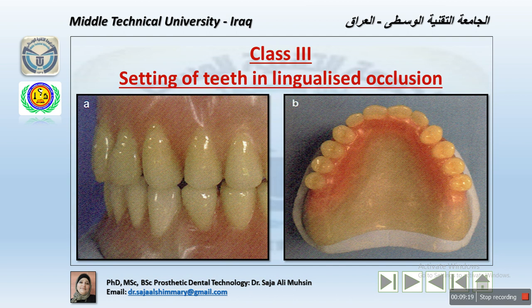If the palatal cusps prevent lateral movement, the tooth should be inclined to prevent the contact or the cusp reduced slightly by grinding. Okay?